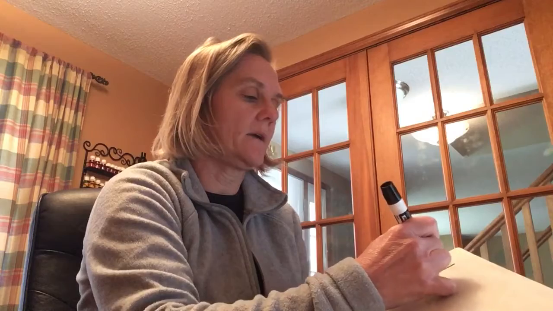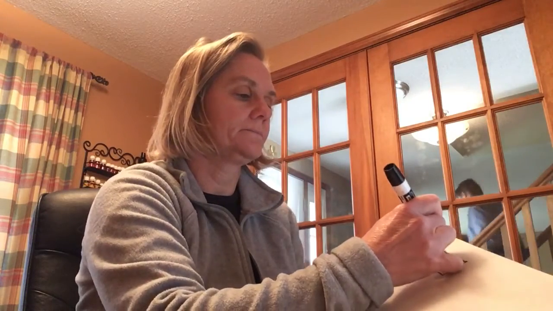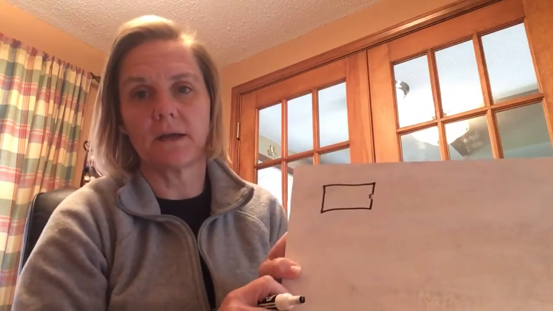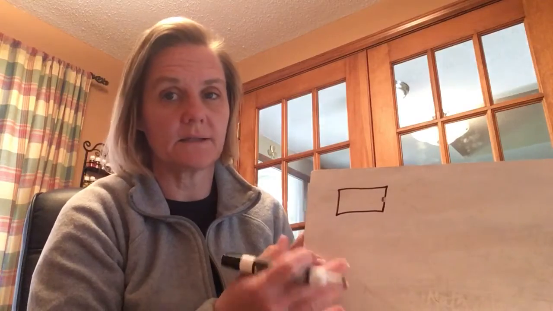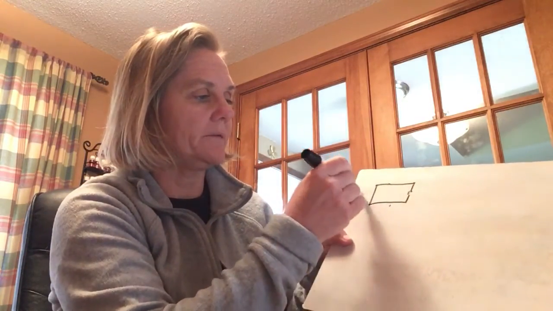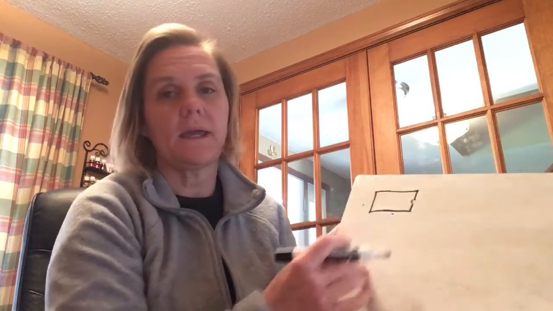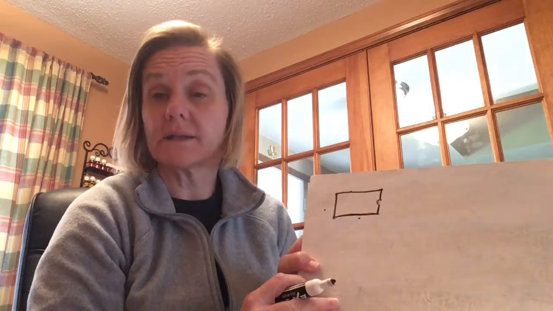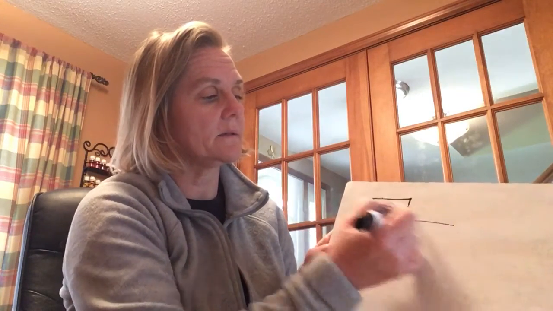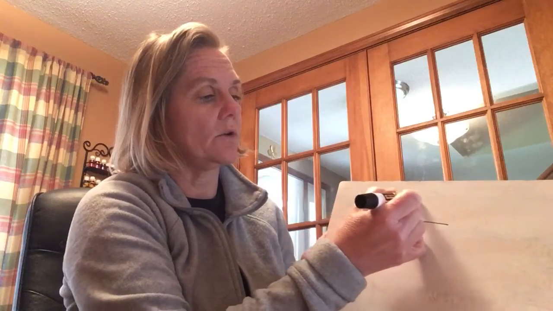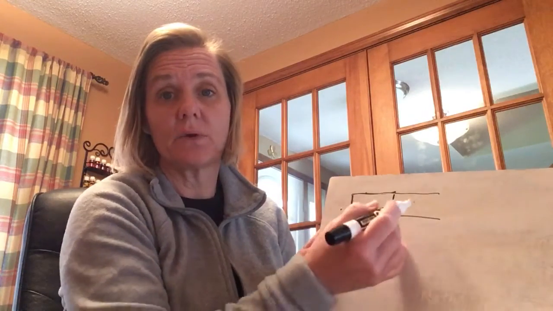If I took a rectangle, I know that my rectangle has 4 sides. It's also a polygon. 1, 2, 3, 4. If I were to extend the lines to go like this, and like that, I know that these two are parallel.